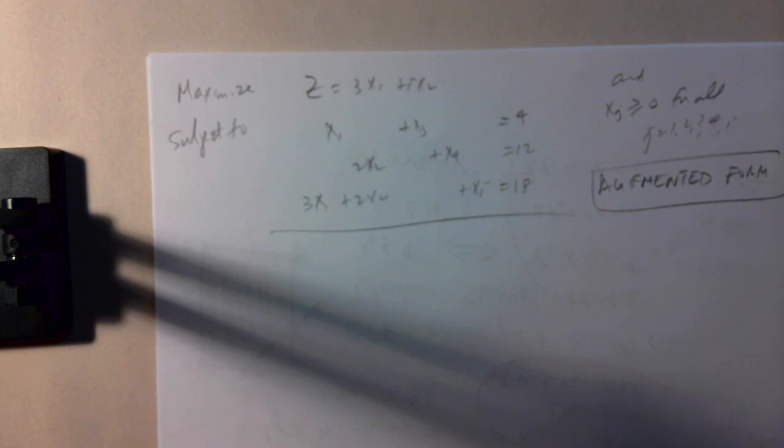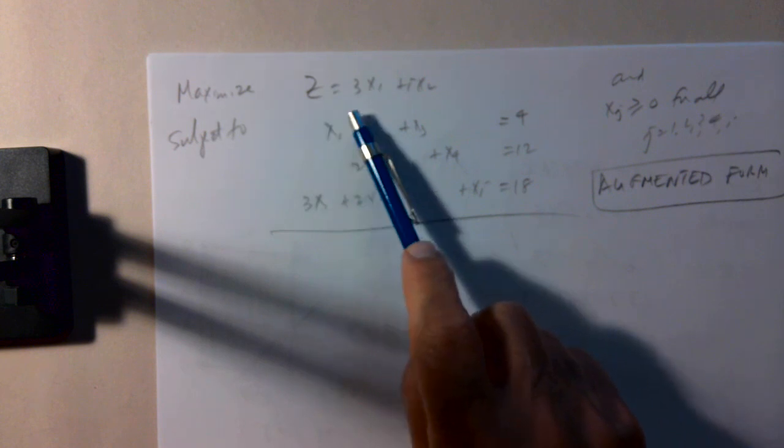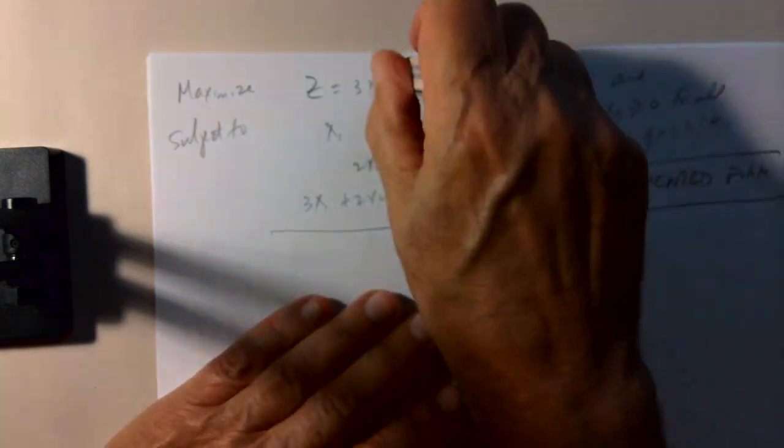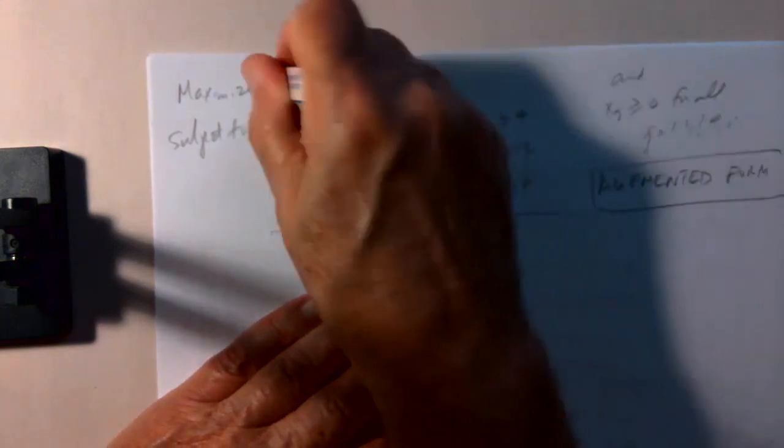And sometimes what we like to do is just rewrite the objective function. So let me just remember, the objective function is z is 3x1 plus 5x2. Let me just bring everything over to the left.